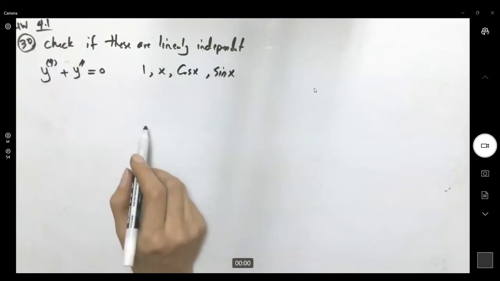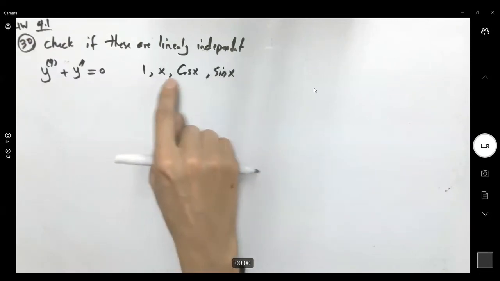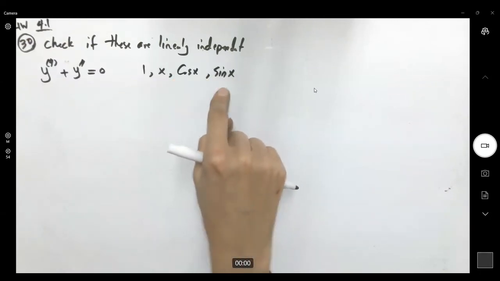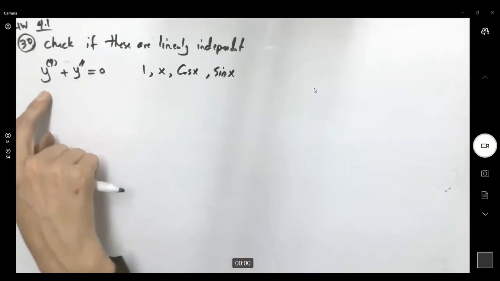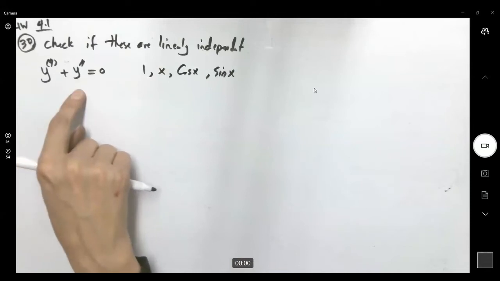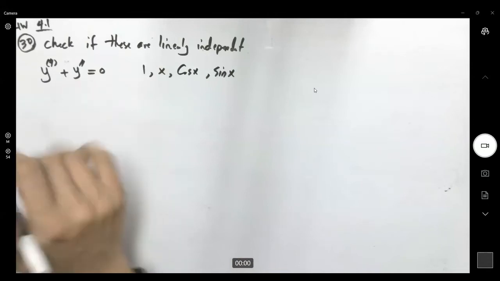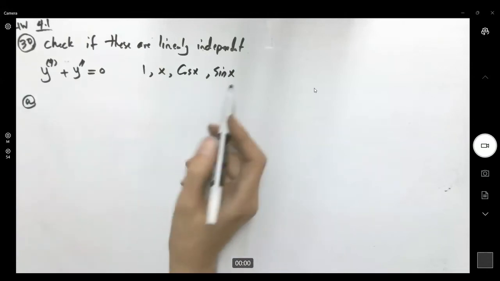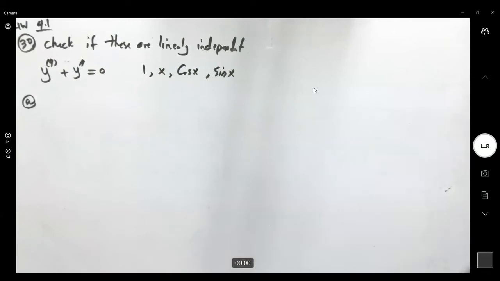Note that here we have 1, 2, 3, 4 solutions for this fourth order linear differential equation. So the very first step is to try to divide these up and see if we can get a constant for the ratio.